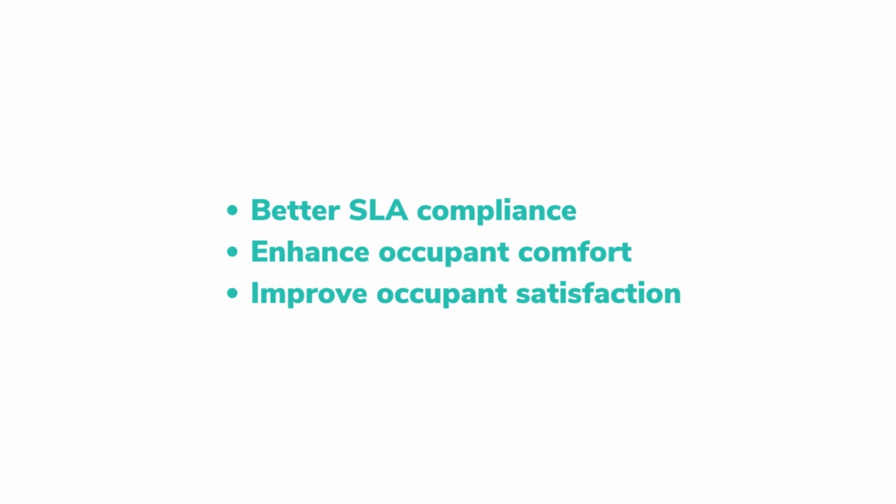See, onPoint's ability to detect issues and inefficiencies helps you uncover those issues and also monitor the success of work order resolution. This can help you drive better compliance with service level agreements, enhance occupant comfort, and ultimately improve occupant satisfaction. So let's dive in and see how.